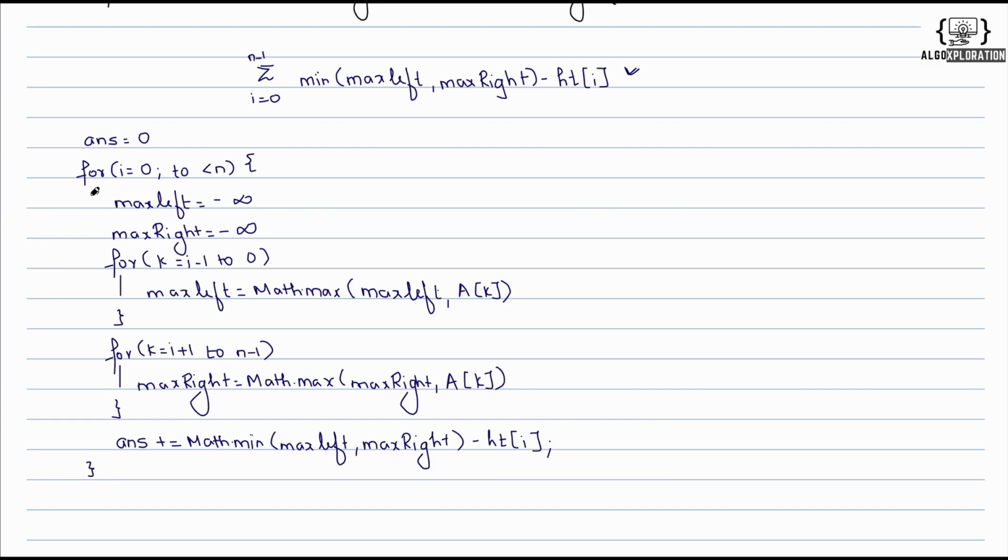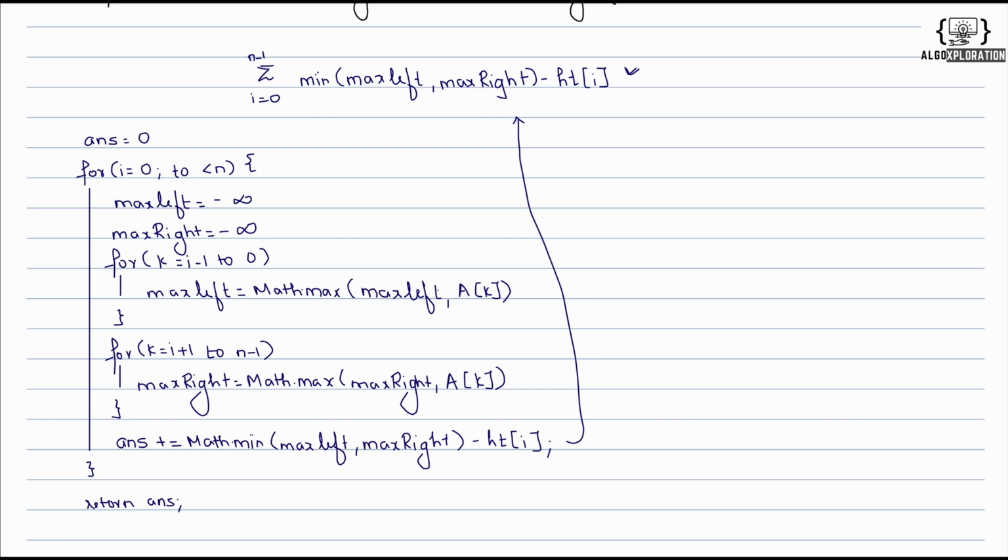That's it. So using this pseudocode we will be able to figure out how much water will be trapped. Simply return answer. Okay, so this is the first approach, or we can say the brute force approach.